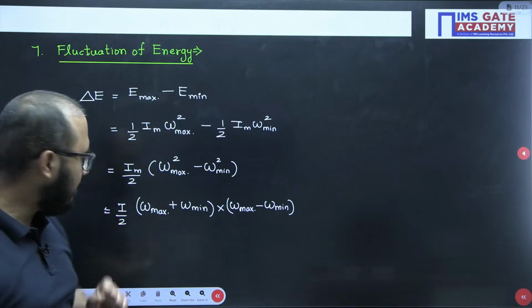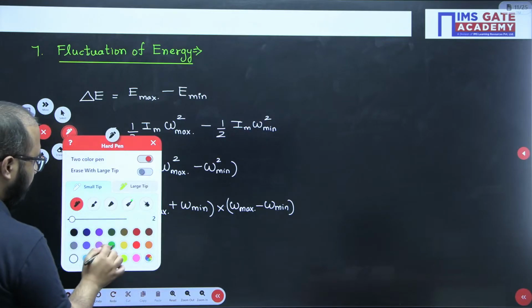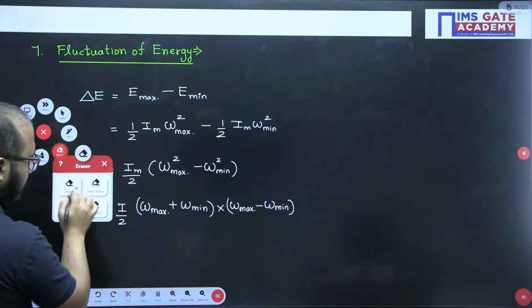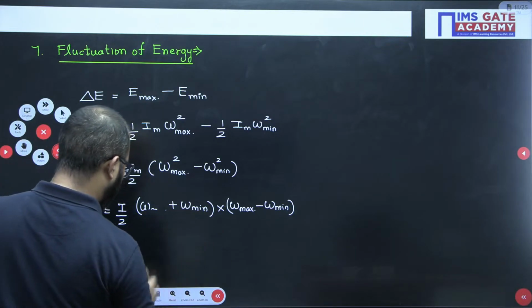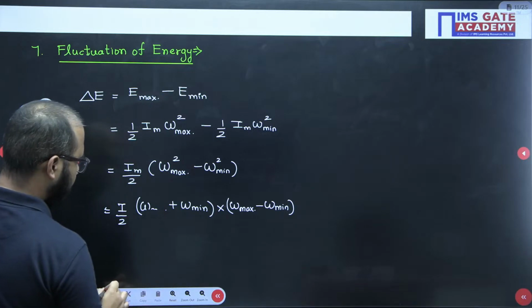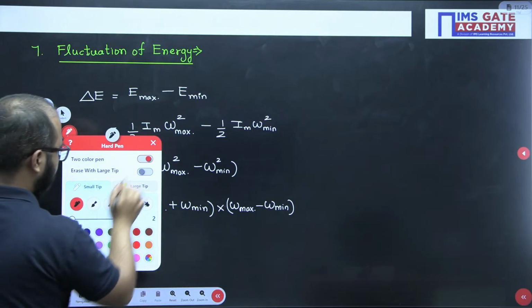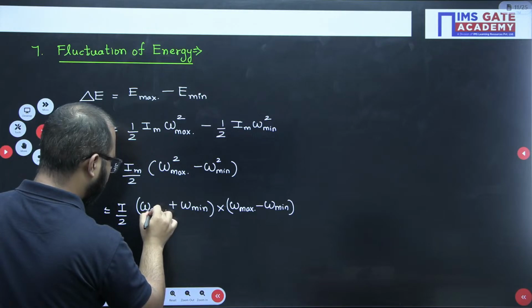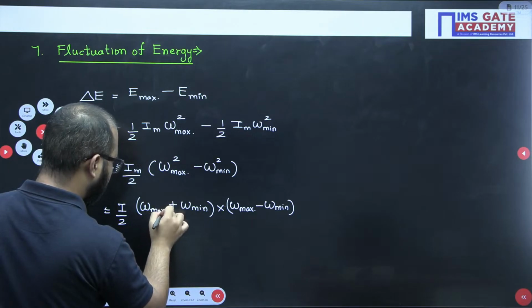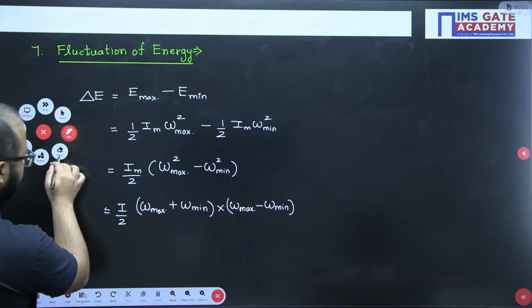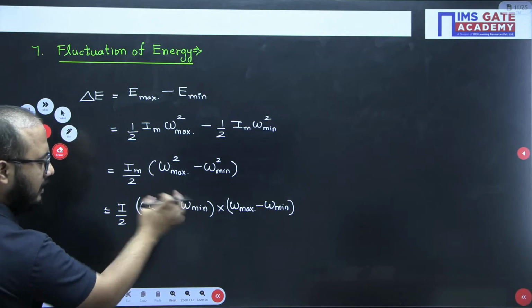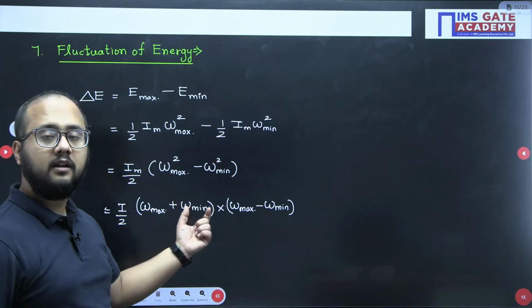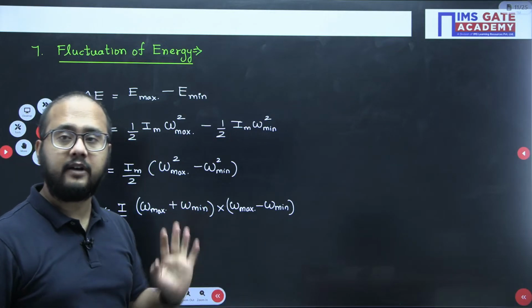Now one thing you can understand here: if I take this 2 in the denominator, omega max plus omega mean divided by 2 becomes what, omega average, right?